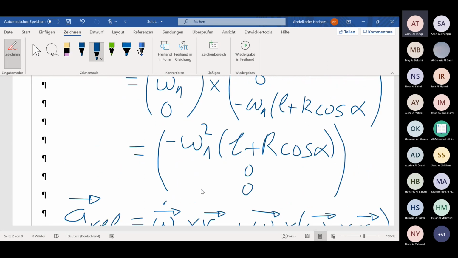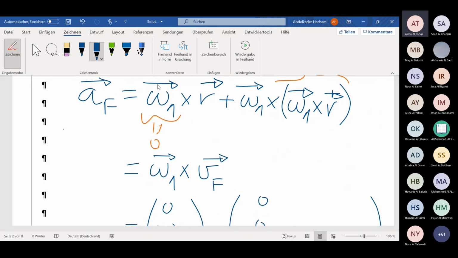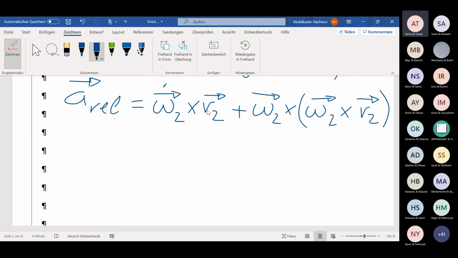As you can see, this equation is analogous to this one. The difference, of course, is that the R position belongs to the fixed coordinate system X, Y, Z, and here R2 belongs to the relative coordinate system X prime, Y prime, and Z prime. But it's still the same equation, okay?